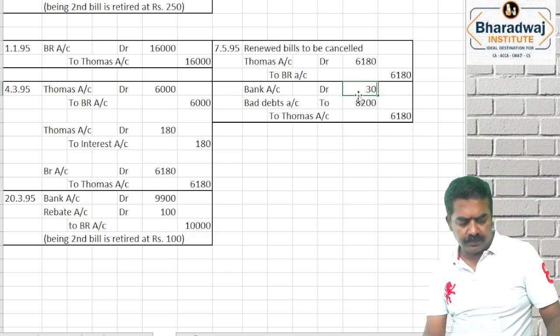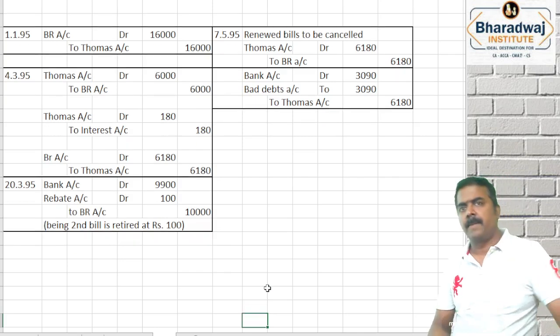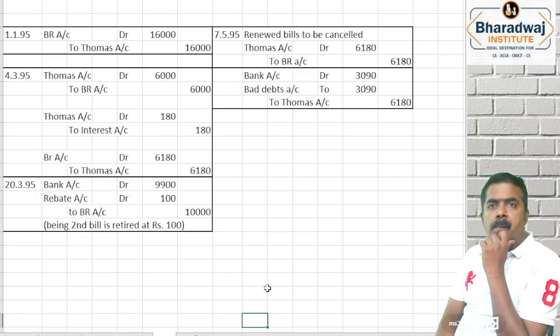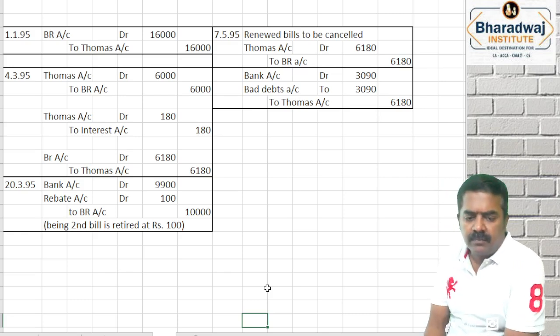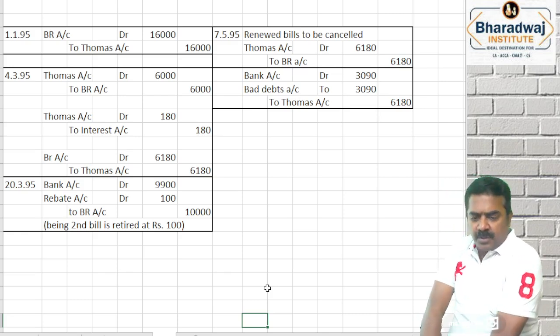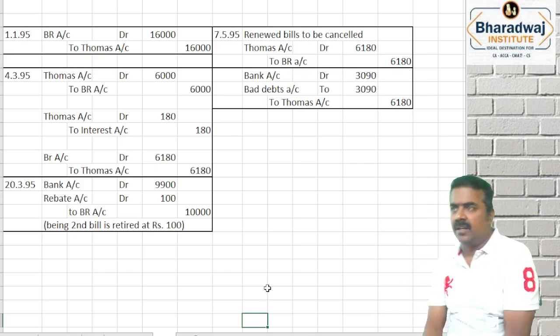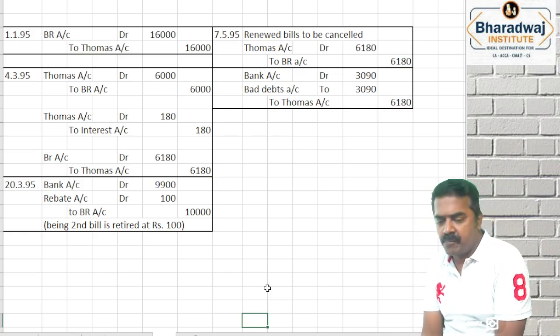Bad debts. So this is about retirement of a bill and which one? Renewal of a bill. The model question will be retirement or which one? Renewal of a bill. Clear?